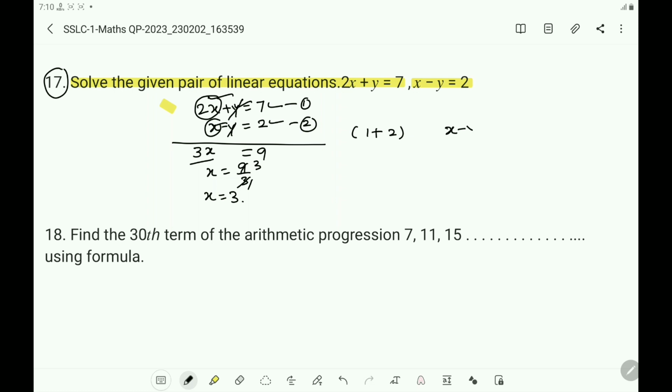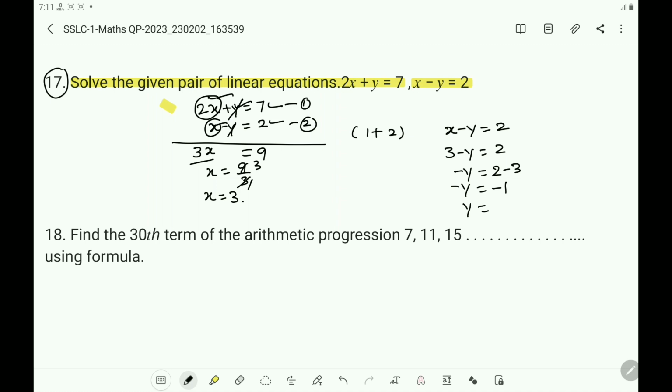Second equation, if you take the second equation, x minus y equals 2, put the value of x. What is the value of x? 3. 3 minus y equals 2. Then minus y equals, transfer this 3 to the RHS, it becomes 2 minus 3. 2 minus 3 is minus 1.